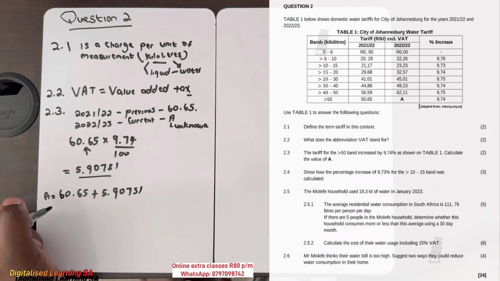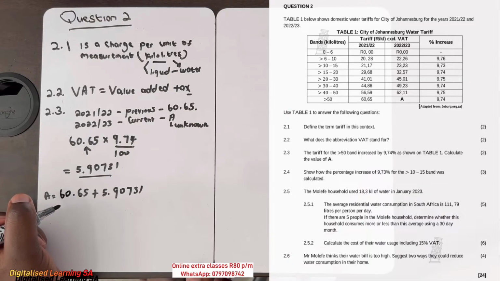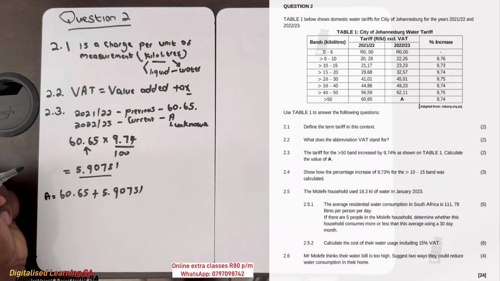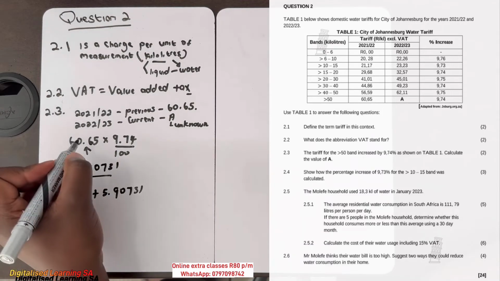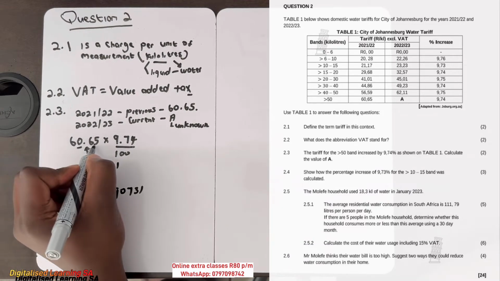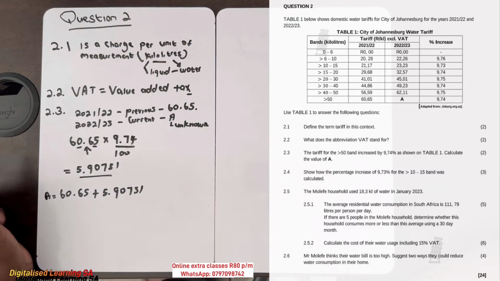From what was given previously, we can see that it is rounded off to 2 decimal places.